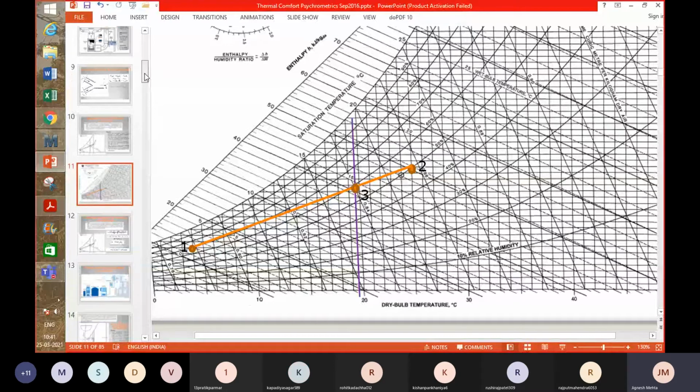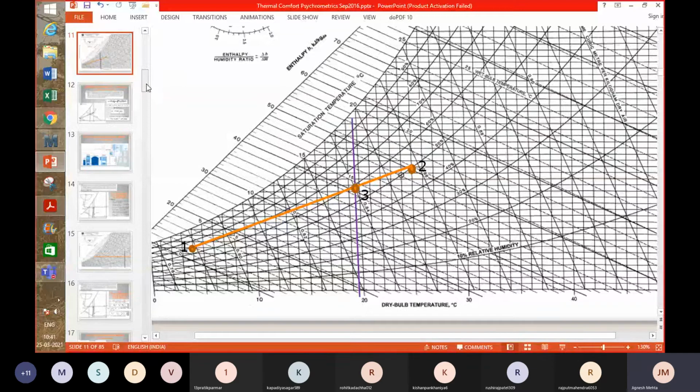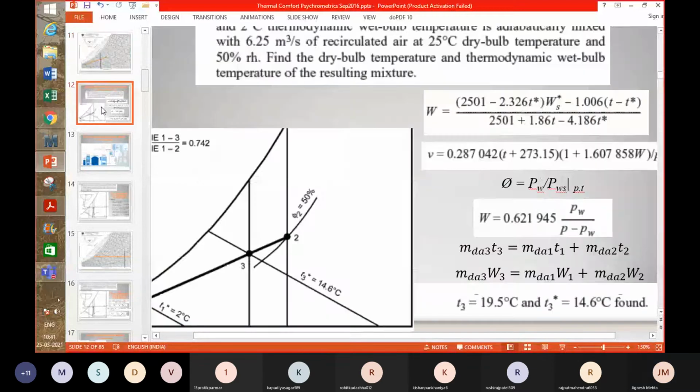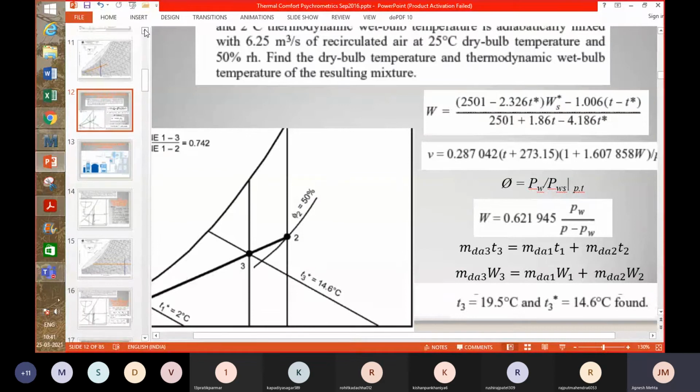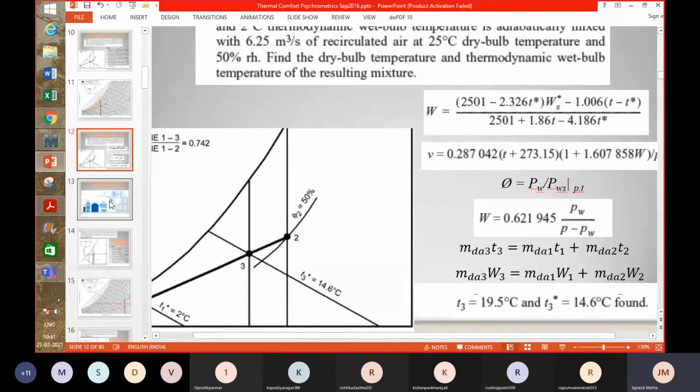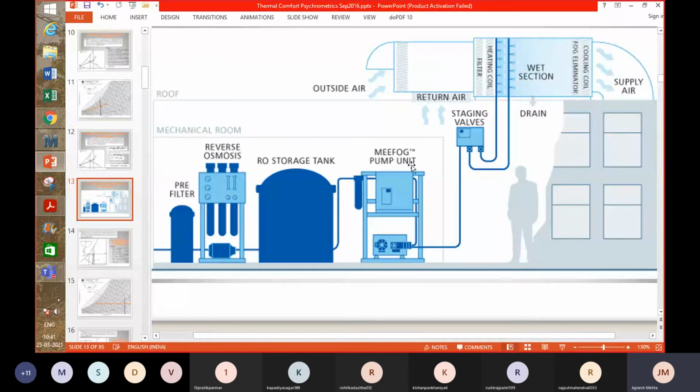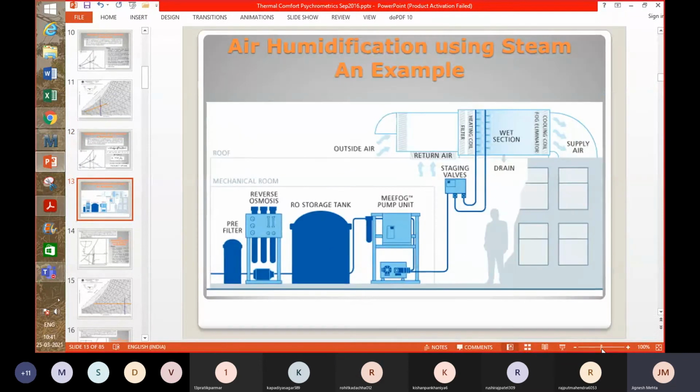Now let us discuss the next case, and that is increasing the humidity ratio in the air. It is shown here what exactly is done. Now, why one would be interested in increasing the humidity ratio, or you can say air humidification?